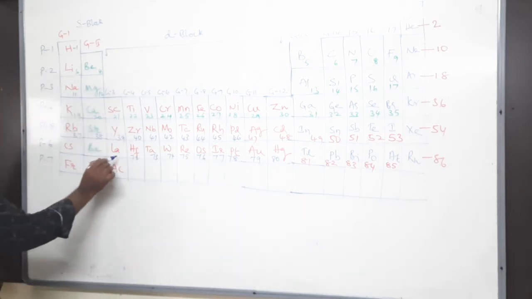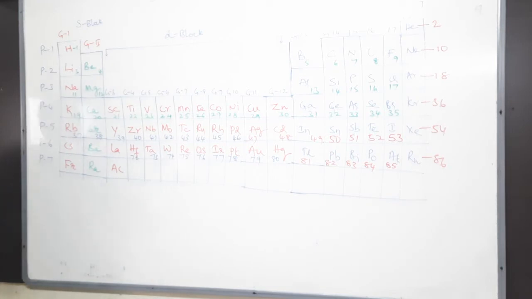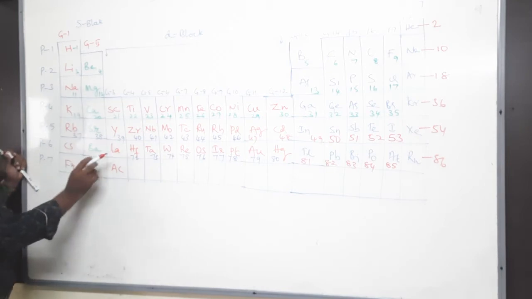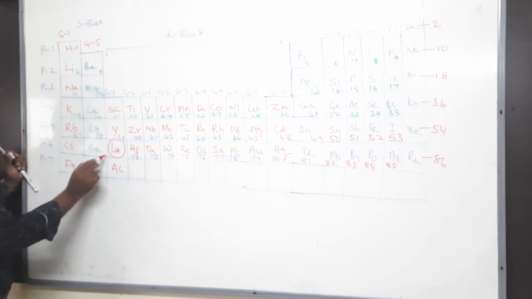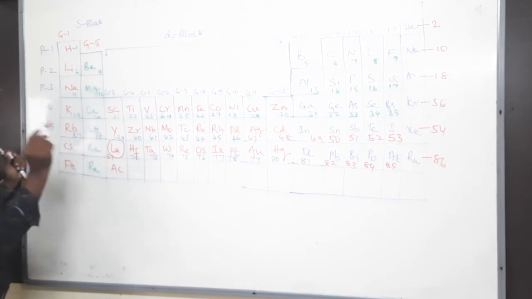Then, here, one second. See, do you remember the atomic number of lanthanum? It is actually 57.